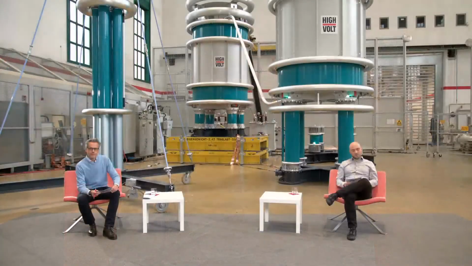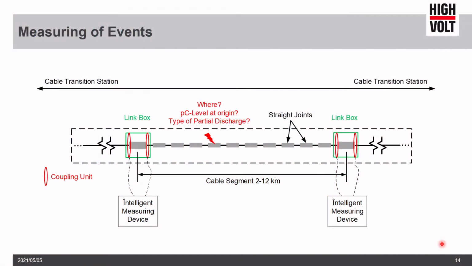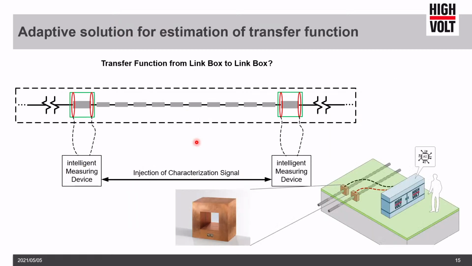And this brings us to the next slide. Therefore, the only possible place to install an appropriate measuring system is the link box. Now if PD occurs somewhere along this line between the link boxes, one wants to know where this PD comes from and how high it is at the origin, so maybe even reconstruct the wave shape at the origin, so what's the spectrum of the PD at the origin, and maybe also what's the type of the PD, so do I have a void or whatever.